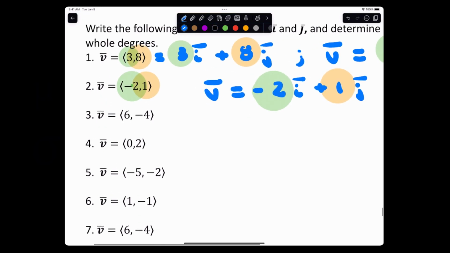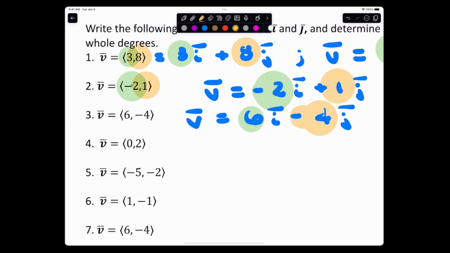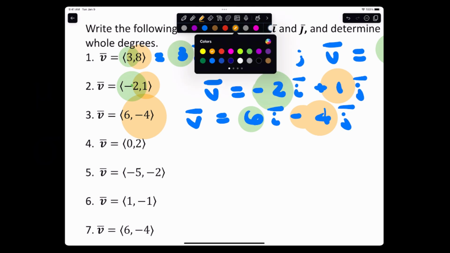What about number 3? Vector v will be what? 6i minus what? 4j. Negative 4, and then what here? 6.